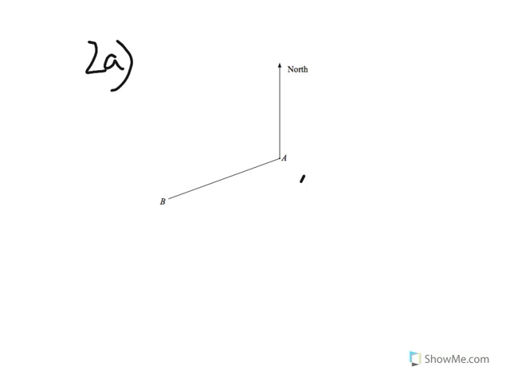So let's say there's this little guy here. He wants to know the bearing in this question to get to B from A. So what you need to do to measure a bearing is, first of all, draw a small little compass here. North, east, south, west.